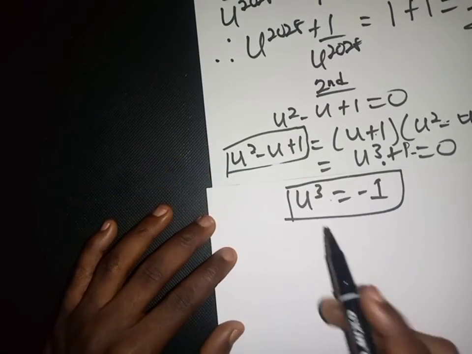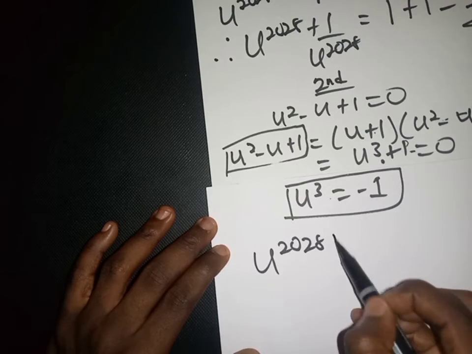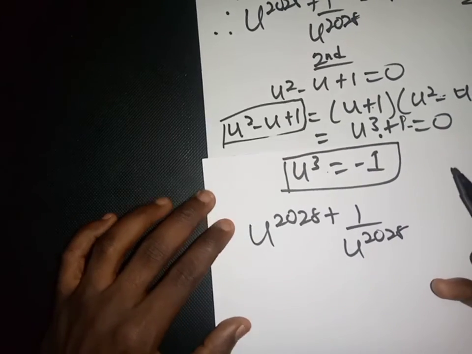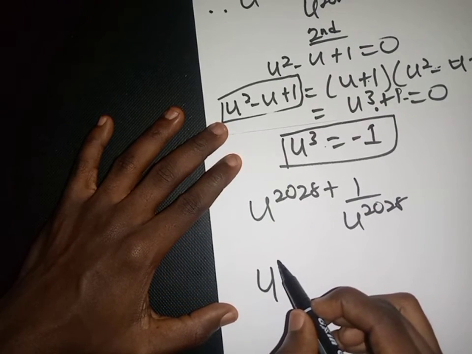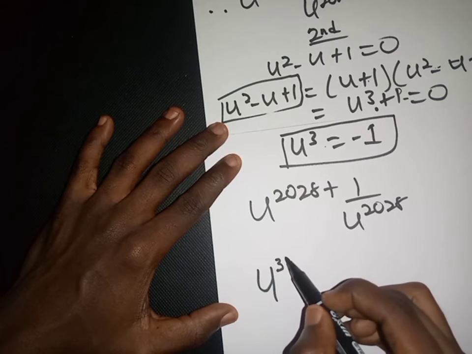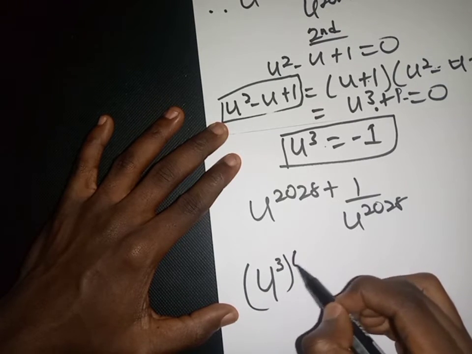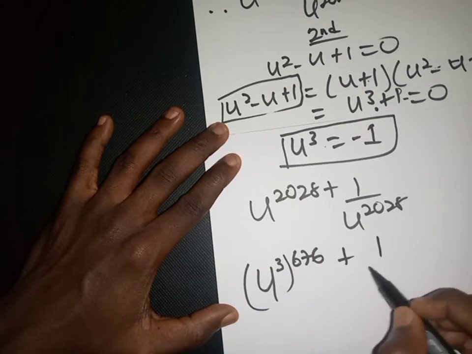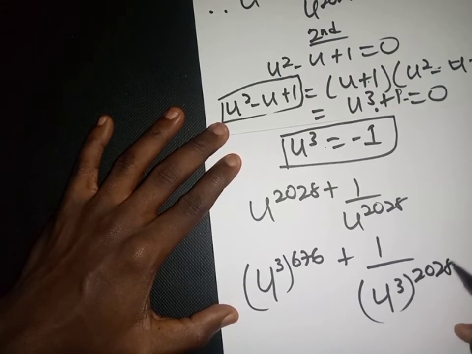Now if u cube equals -1, then from this formula, u to the power 2028 plus 1 over u to the power 2028, right? Which means that we can write 2028 in terms of 3, right? So we can have 3 multiplied by 676 will just give us 2028, so u cubed to the power 676 plus 1 over u cubed to the power 676 in this case.